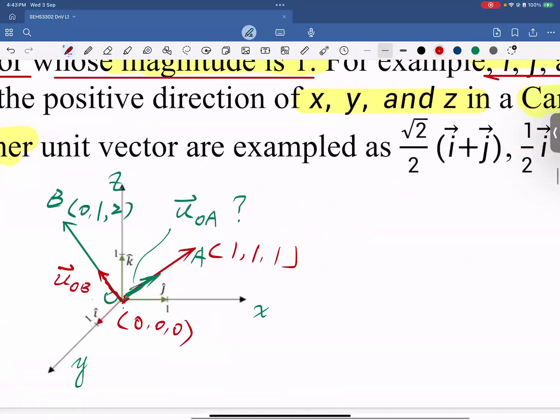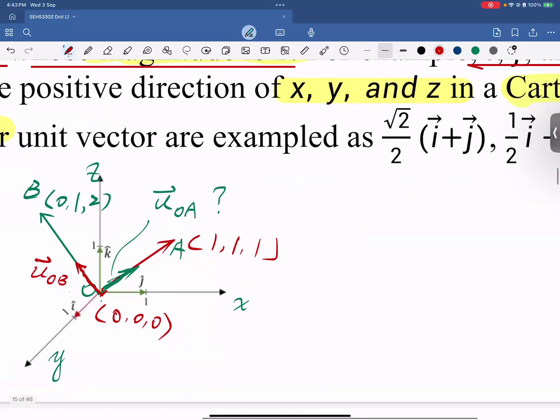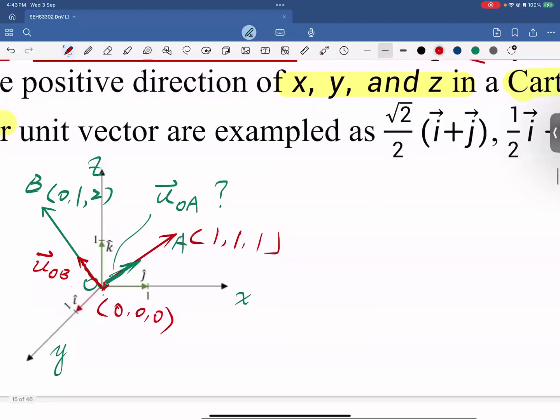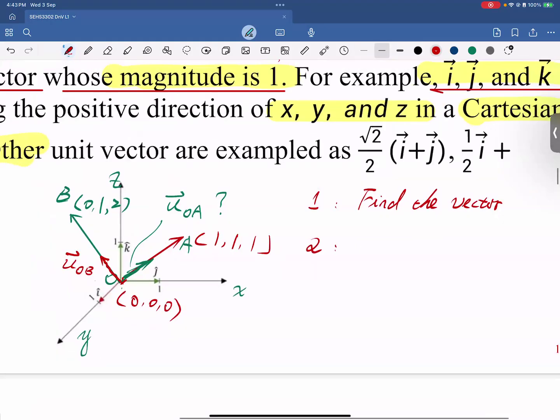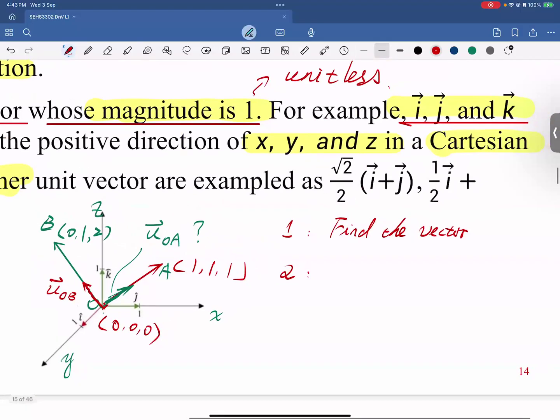Firstly, here is how I do it. So firstly, we find the vector, right? Find the vector. Secondly, we make the magnitude to be 1, right?